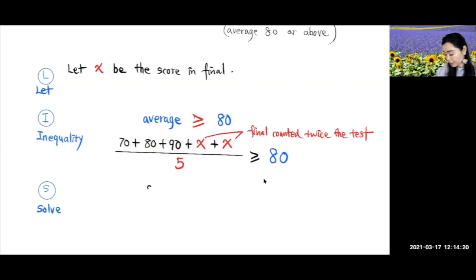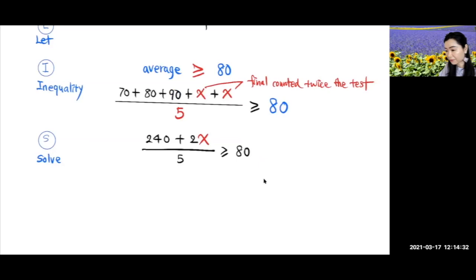So 240 plus 2x, and then divide by 5, is greater than or equal to 80. To solve this, we multiply both sides by 5. So we get 240 plus 2x greater than or equal to 400. Right? So times 5 on both sides.